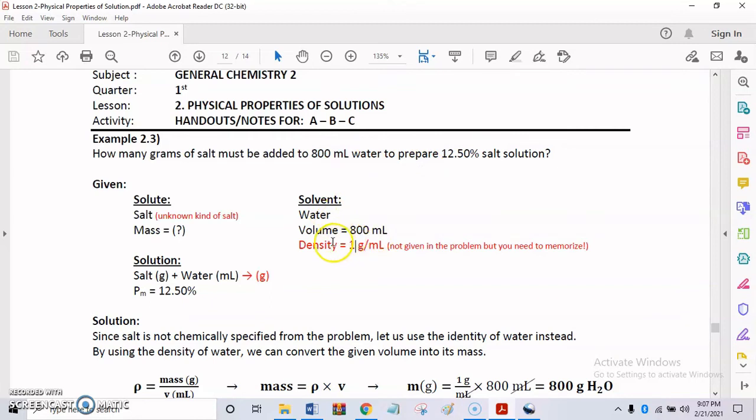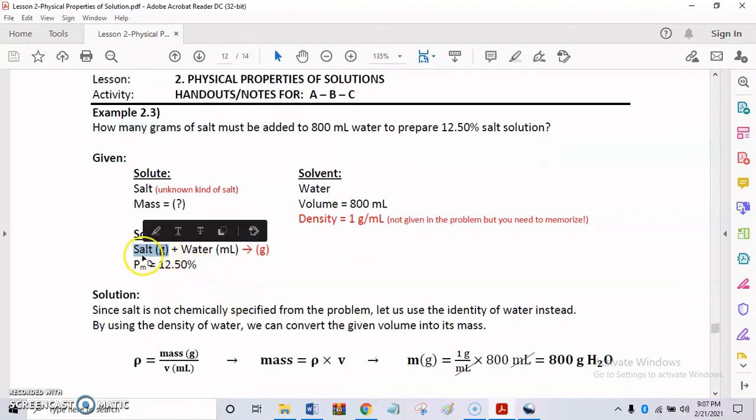And again, the density of water is not given, but we should memorize it, which is 1 gram per ml. So, the solution is a combination of salt and water. What is asked here is grams of salt.